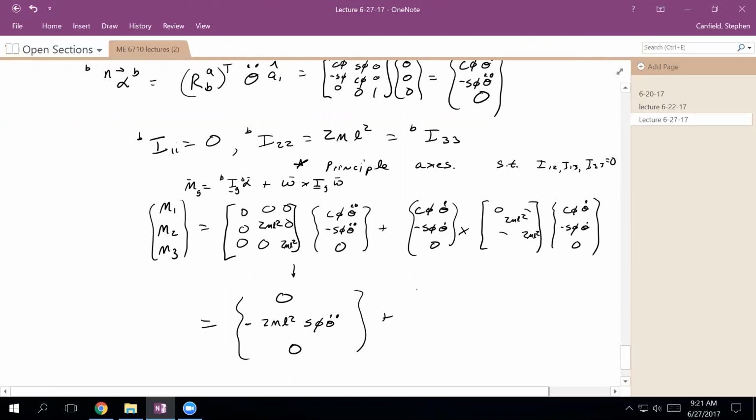Second term, probably should do this in 2 steps. Cos phi theta dot, negative sine phi theta dot, 0, crossed with, now I need to multiply these 2 guys, so I get 0, negative 2ml squared sine phi theta dot, and 0.